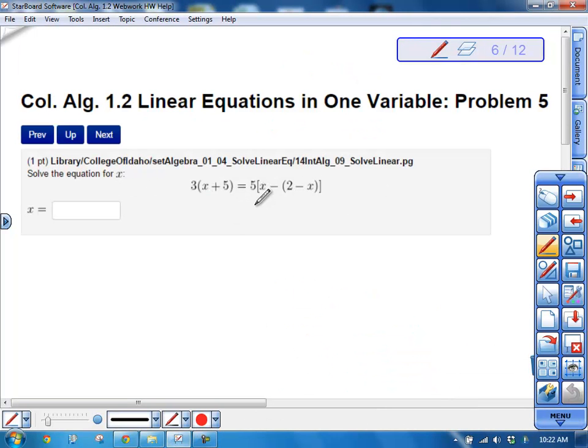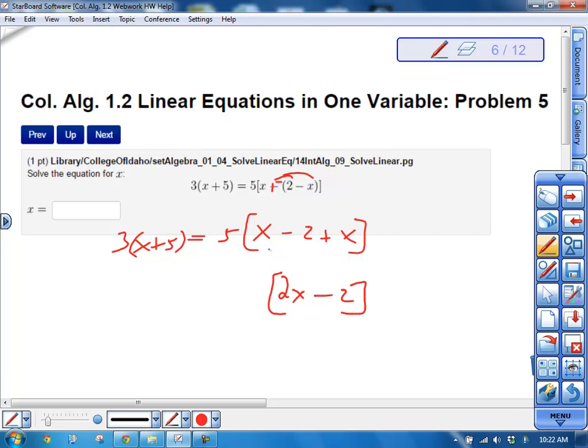All right, next one wants to solve this equation for x, so we just need to simplify. I'm going to start by distributing that negative sign. So I'll make it plus and negative and distribute the negative. So the x minus 2 plus x in the brackets now. So we'll need to multiply that by 5. All right, now x and x make 2x. So that's what's in the bracket now, if I just add the x's together.